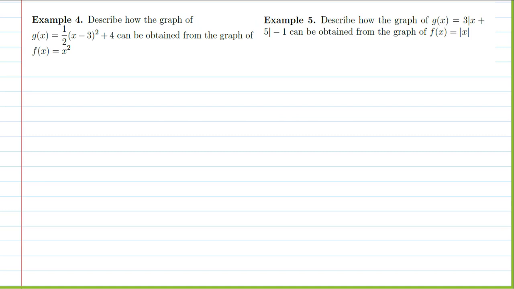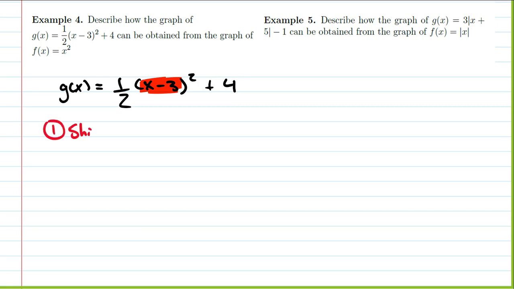So in our first example, we have g of x is equal to 1/2 times (x minus 3) squared plus 4. And each of these things do something different. So the x minus 3 is going to shift the graph right 3 units.